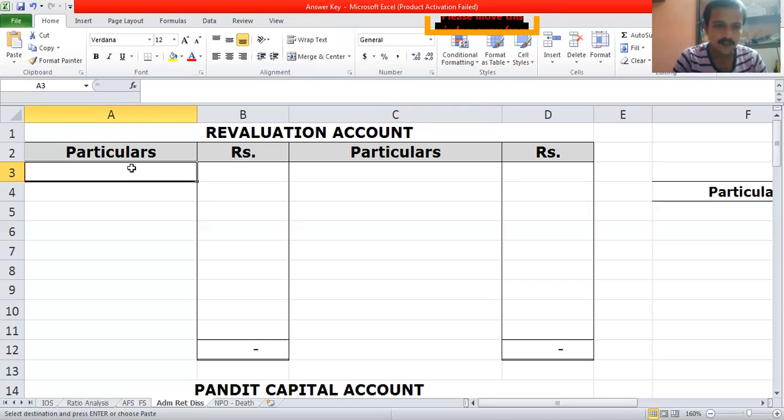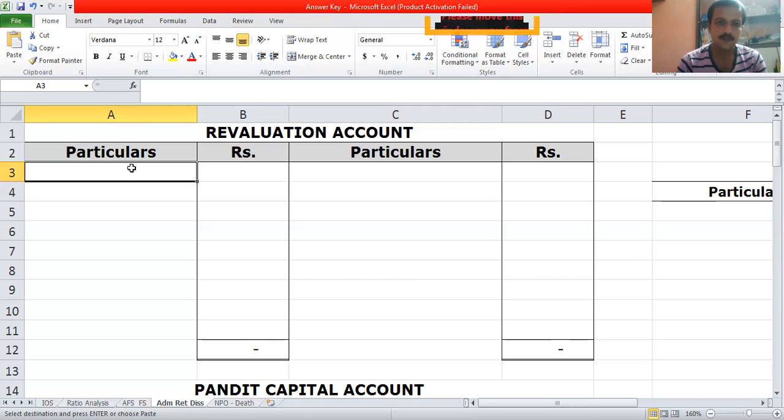Starting with the revaluation account, first, stock and furniture are to be depreciated by 10%. Stock and furniture are assets, and when they depreciate, there will be a loss. So they should be recorded on the debit side, because the debit side in the revaluation account is meant to record the losses.